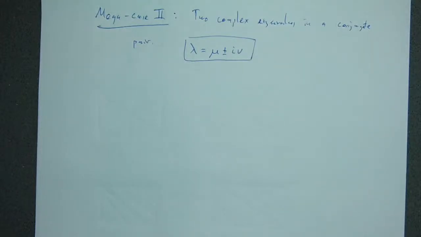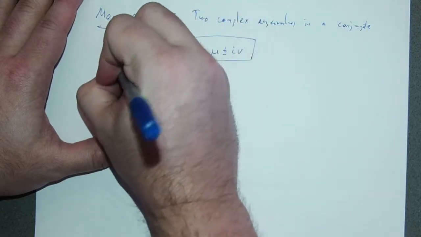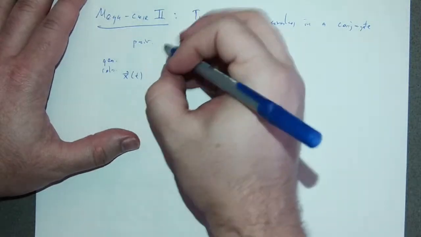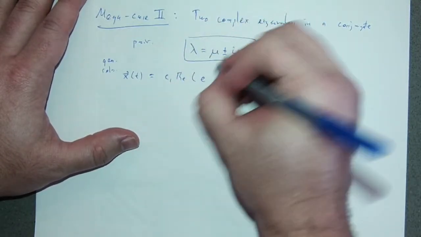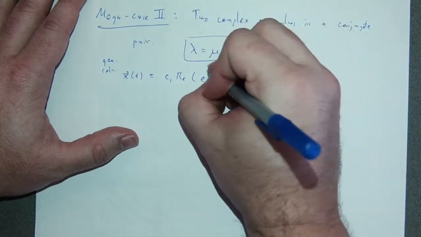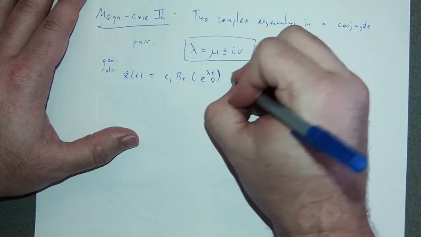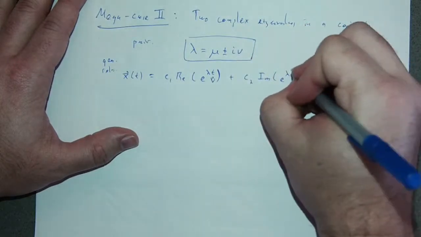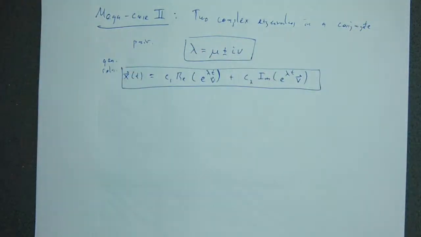The eigensolutions then, so x of t, this is the general solution, is C1 times the real part of e to the lambda t times v, where lambda is mu plus i nu, plus C2 times the imaginary part of e to the lambda t times v.